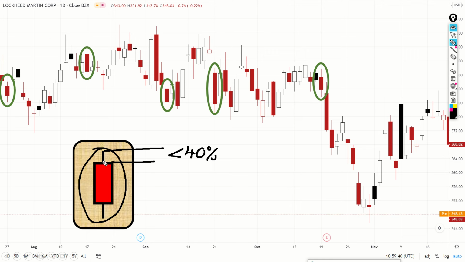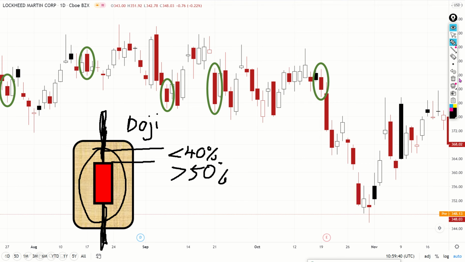That means the wick has to go up to around something like this. If it's more than 50%, somewhere around this length, then we would not consider this a regular bearish candle. Then we would call it a doji, which we will cover in other topics.